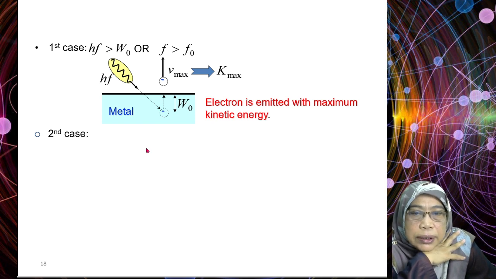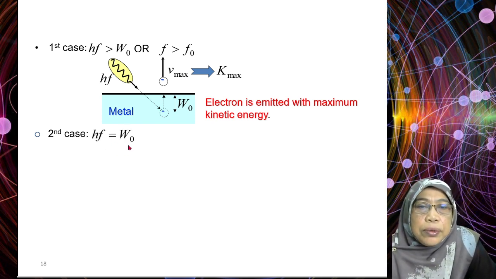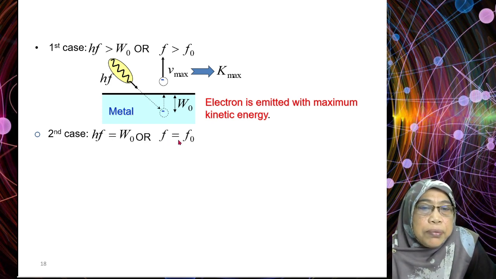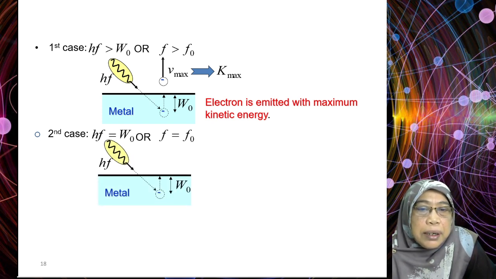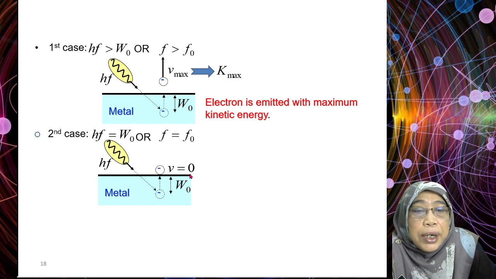Okay, look at the second case. hf equals W0, or the frequency of the incoming photon equals the minimum frequency needed to eject the electron. So what happens here? When hf equals W0, the electron can be ejected from the metal target, but then there is no energy for the kinetic energy.